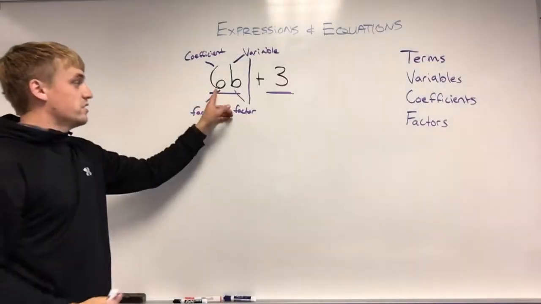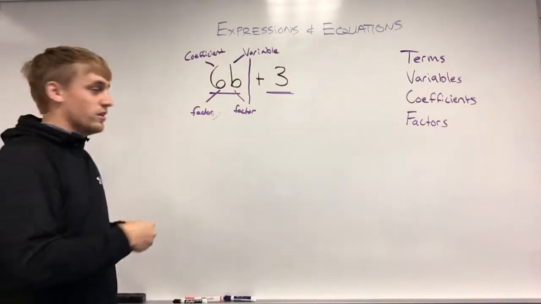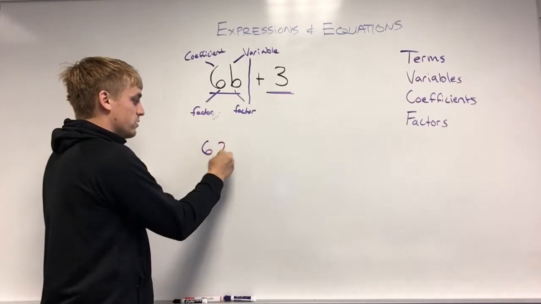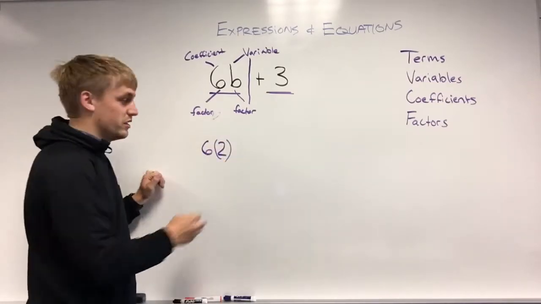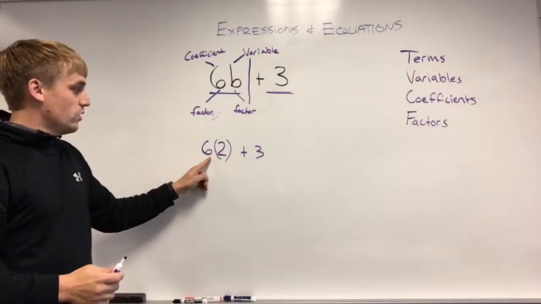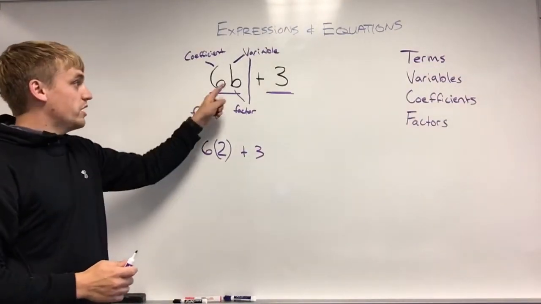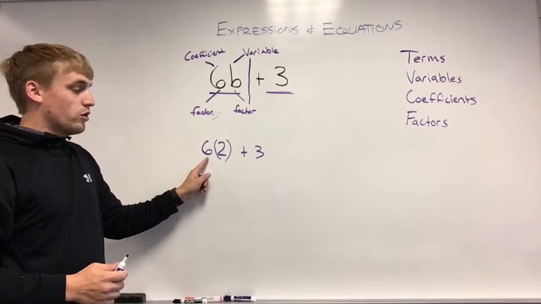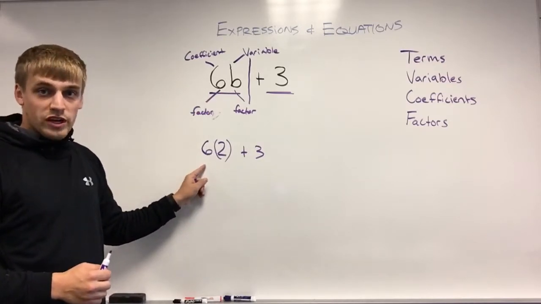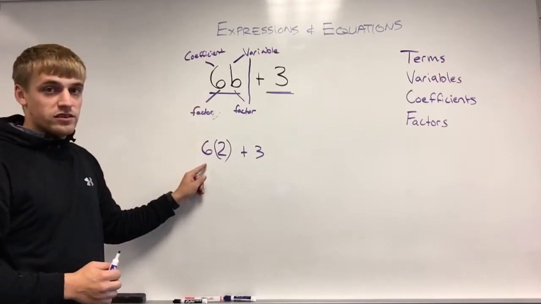So instead of writing 6B, we would write 6, and we put 2 in parentheses, plus 3. When a number is right next to the letter, or a number is right next to a number in parentheses, we multiply those, which is why these are called factors.